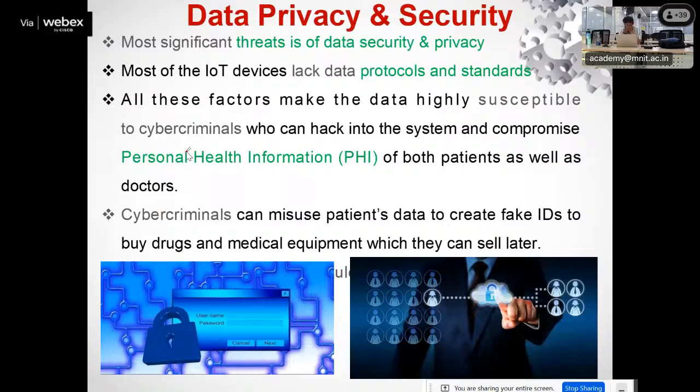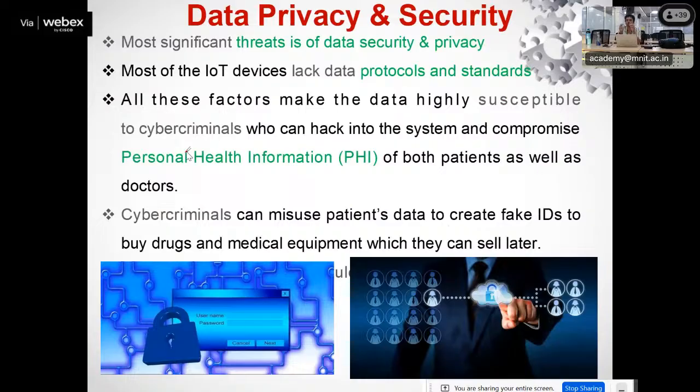Currently with IoT devices, there is a lack of substantial protocols and standards which actually help us manage this data privacy and security issue. Currently we have seen that cyber crimes have increased very rapidly.